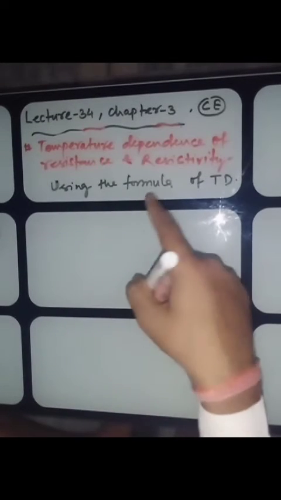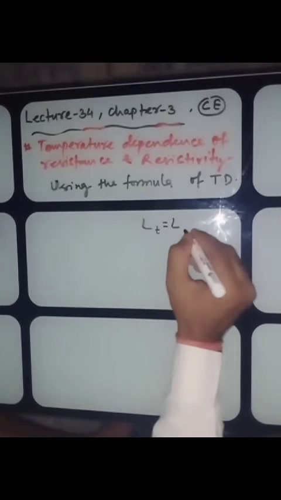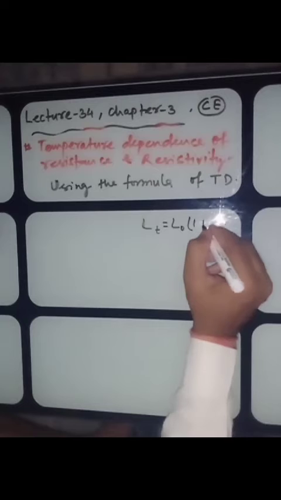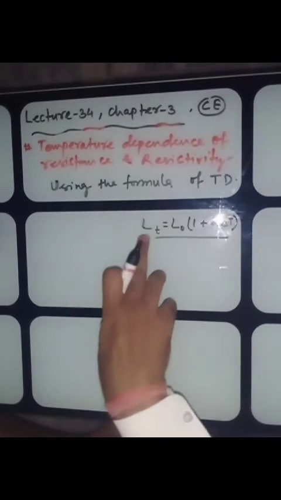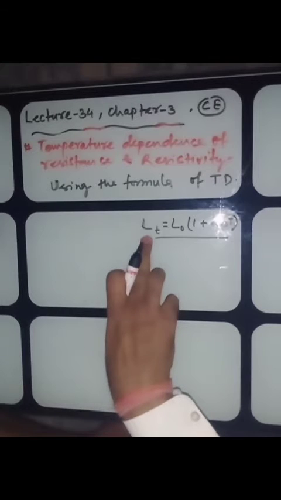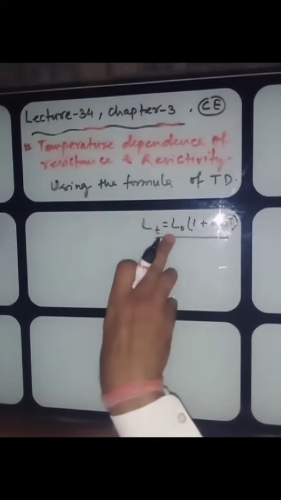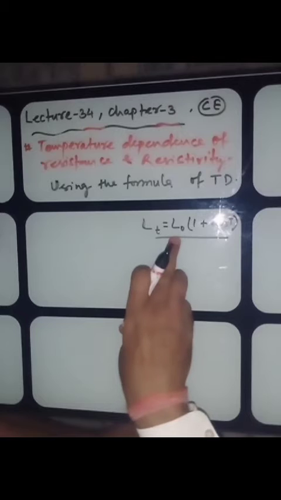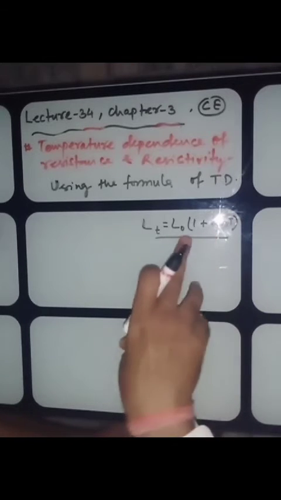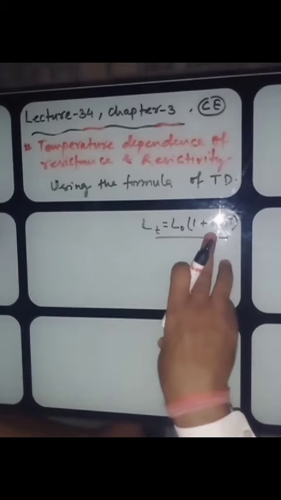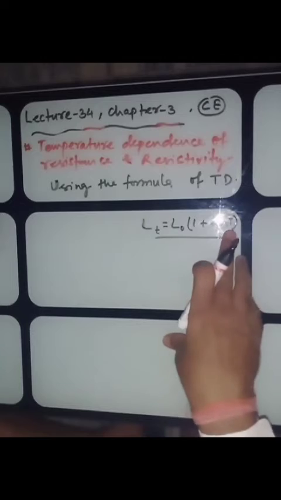If we try to recall, in linear expansion it was L_T equals L naught (1 + alpha delta T). Do you remember, my dear student? Yes, L_T was the length at temperature T. L naught was the length at the reference temperature. Alpha was the thermal coefficient of linear expansion, and delta T was the change in temperature.